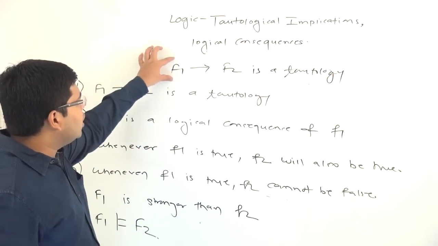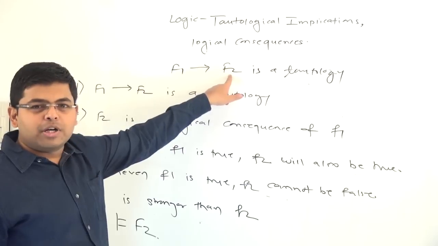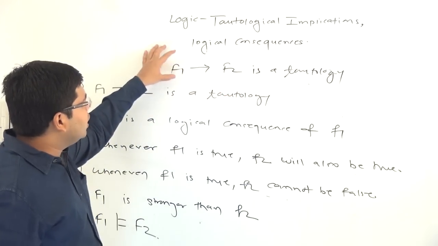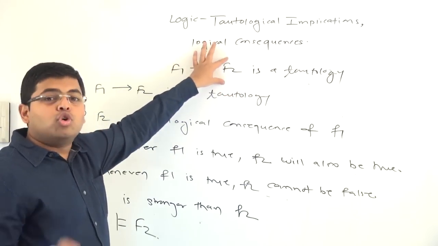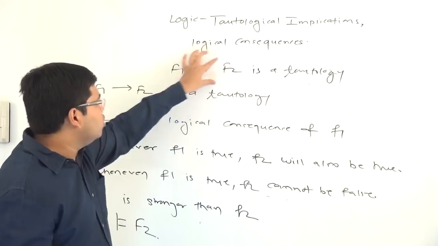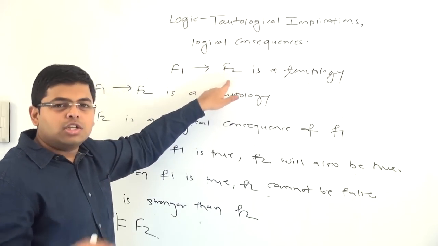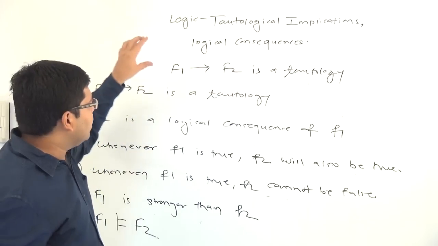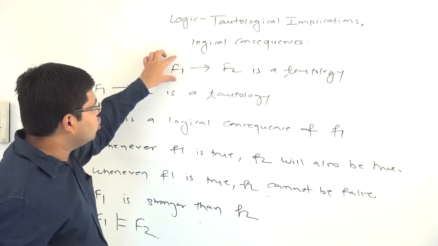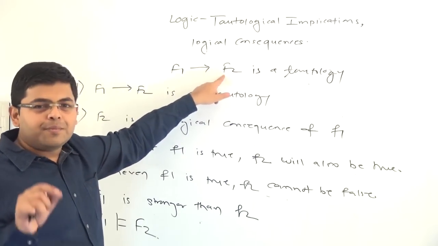Here F1 will be a stronger formula as compared to F2. Whenever F1 is true, then F2 will also be true. F1 is true and F2 is false will never occur, or what we can say, whenever F1 is true, F2 cannot be false.